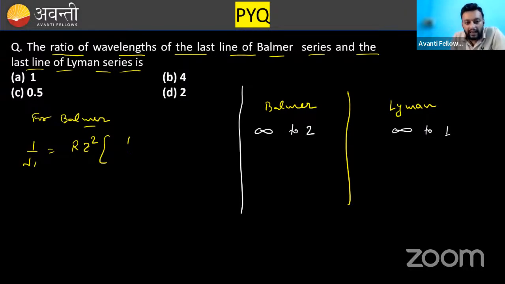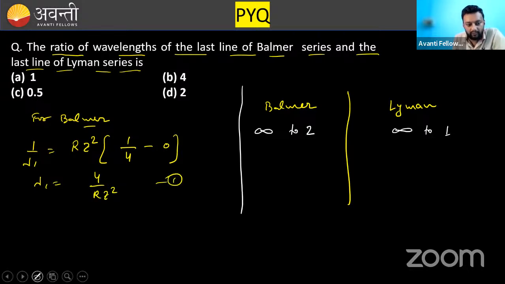Let's check it. N1 is the lower orbit, that means 2 square. If I square, that is 4. Minus 1 by infinity square, that is 0. Or you can say lambda 1 is equals to 4 upon RZ square. Equation number 1.